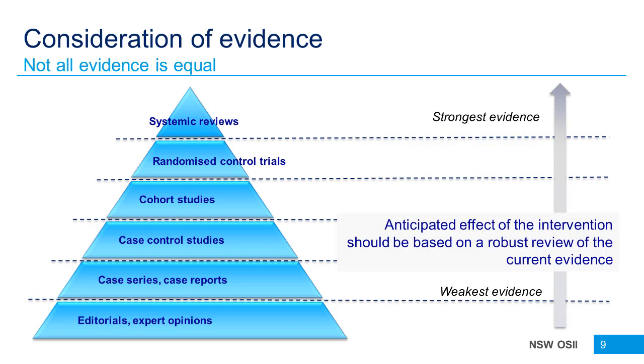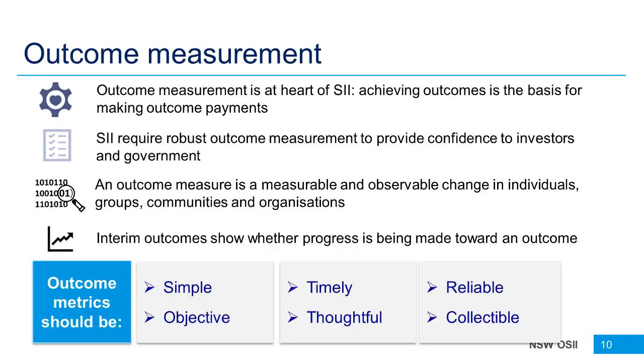As I noted in the previous slide, outcome measurement is important because it is at the heart of social impact investing. Achieving outcomes is the basis on which our contracts are designed and how we make payments. This means the government will only pay for the outcomes if it is an agreed outcome and it can measure the achievement of that outcome.